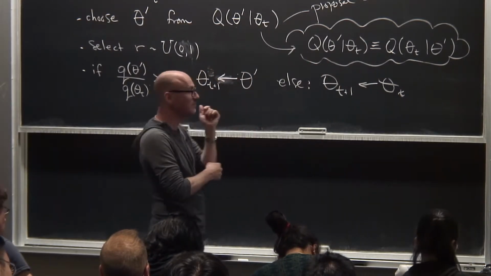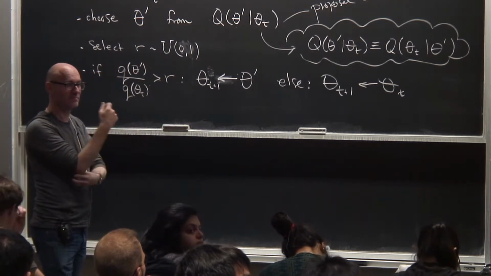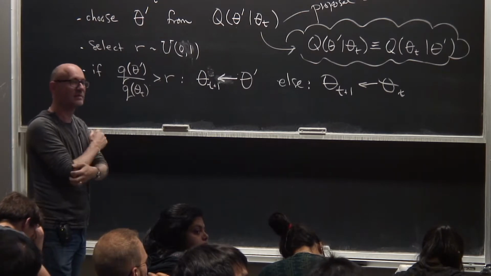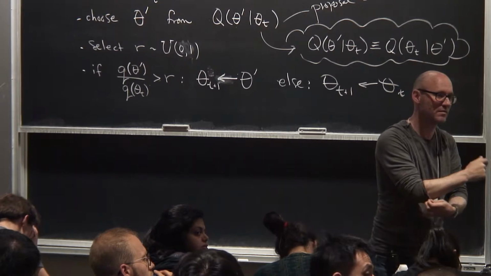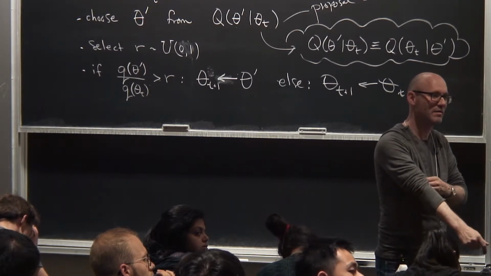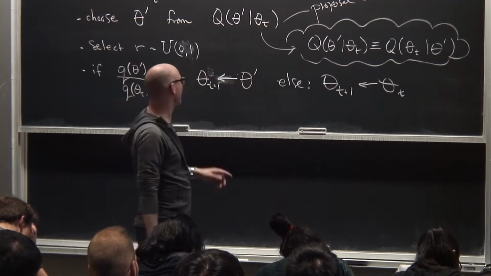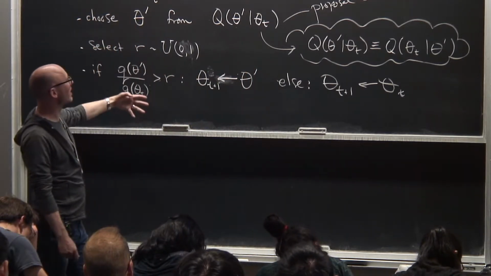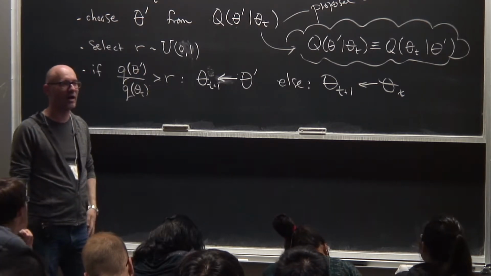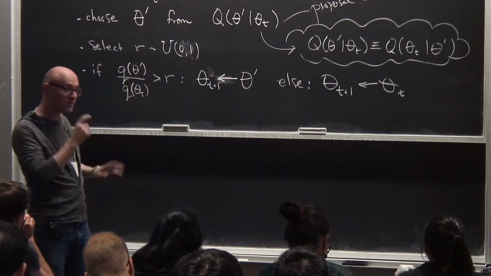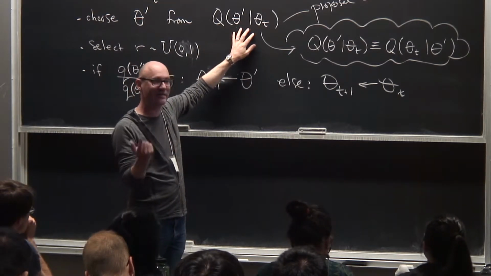Yes? Say that one more time. Good. The question is, aren't there times where you can never walk from one part of the probability distribution to another? In principle, if you construct this cleverly, you can ensure that you always can walk to any other place.